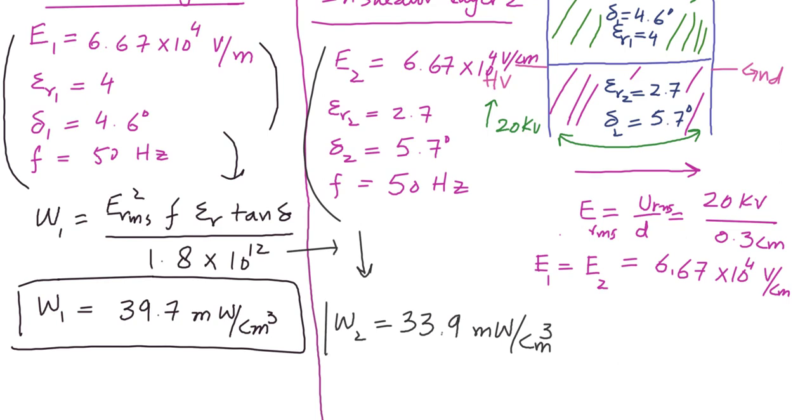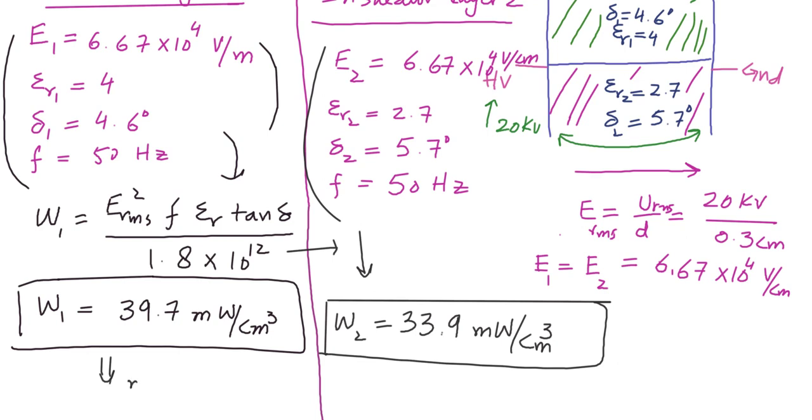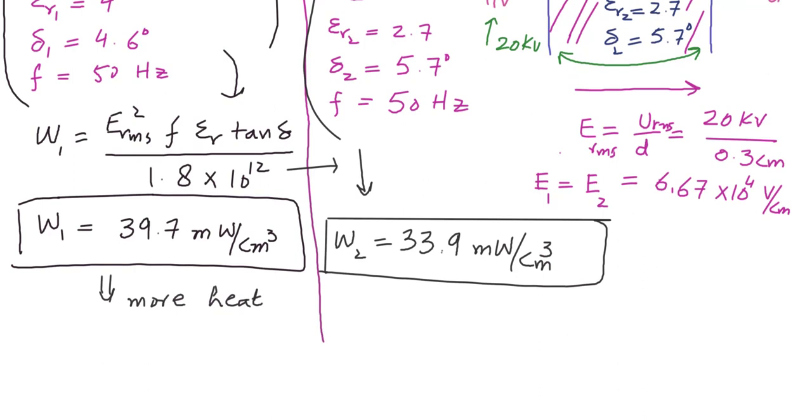Which clearly shows that the heat being produced in material 1 is higher. So there is a possibility that material 1 will suffer from breakdown earlier.